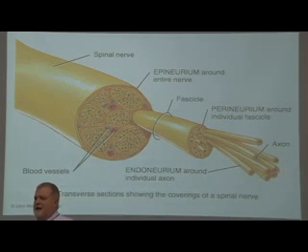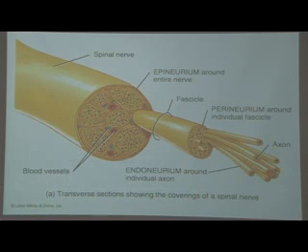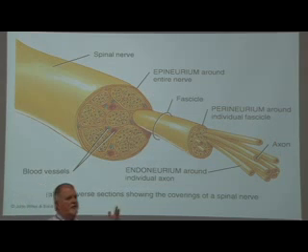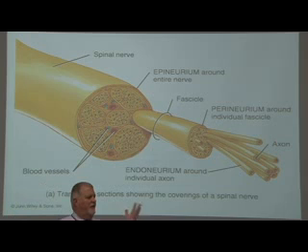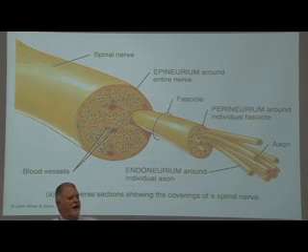We'll come back and talk about why axon was used there. But for right now, we'll just call it a nerve fiber. All nerve fibers are going to be surrounded by endoneurium. That protects against pathogens entering the nervous system through nerves, because they're still protected by these connective tissue layers.